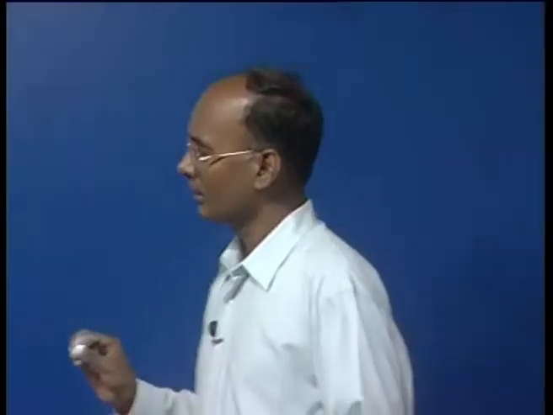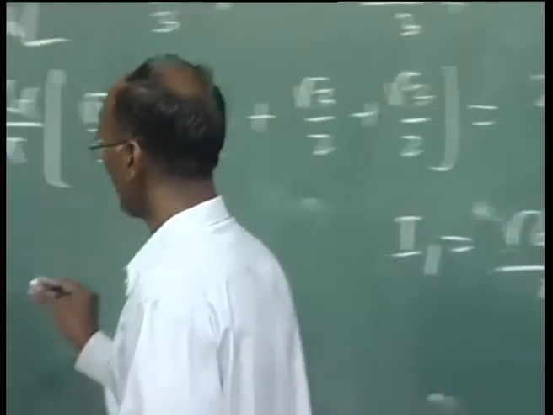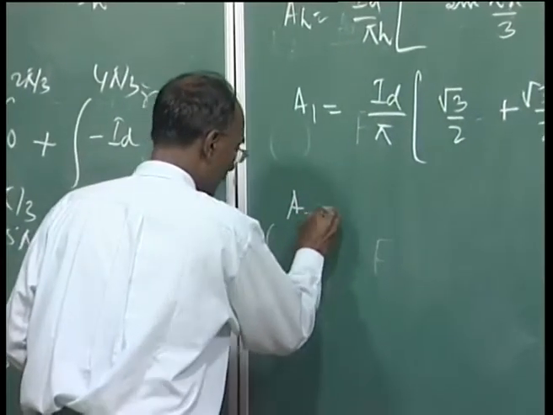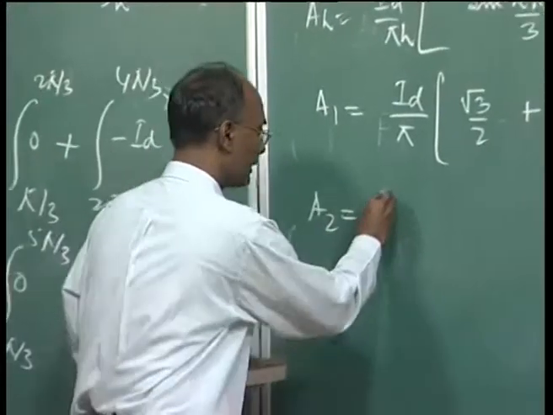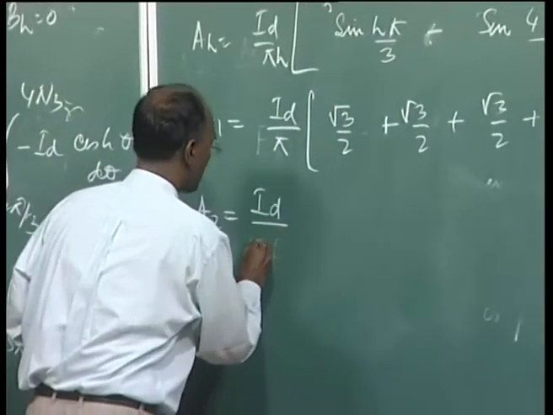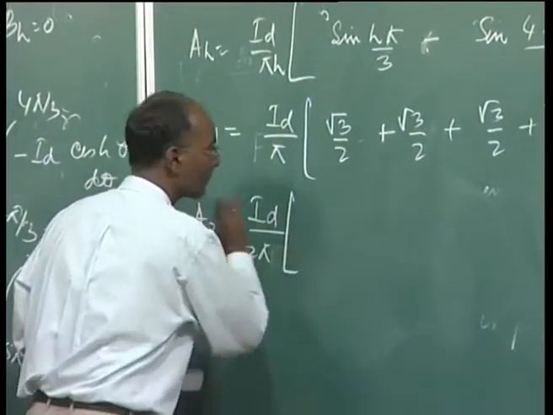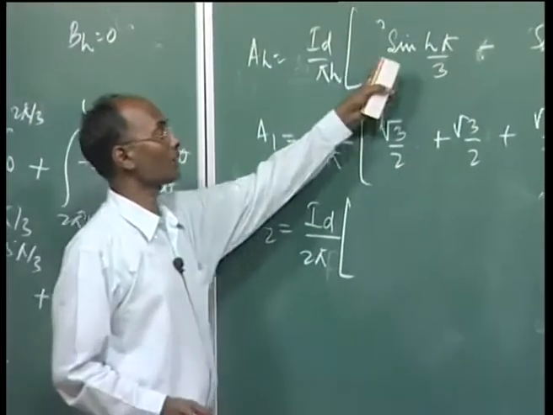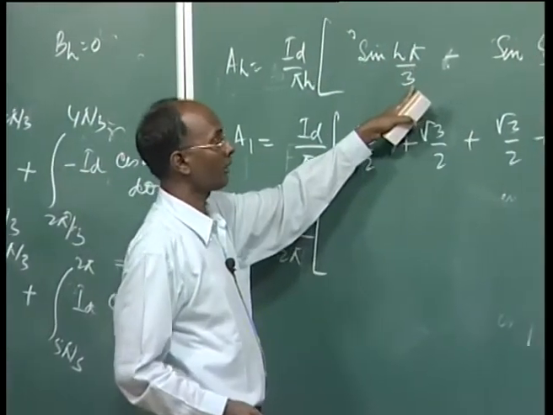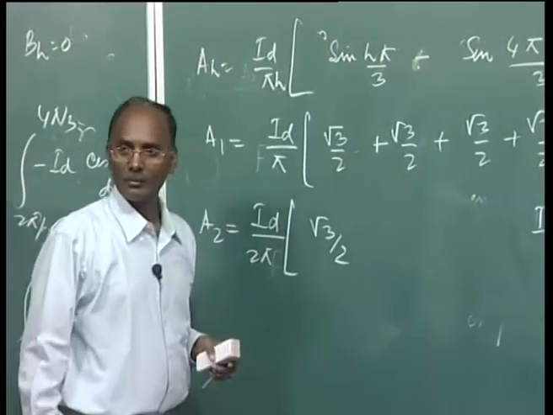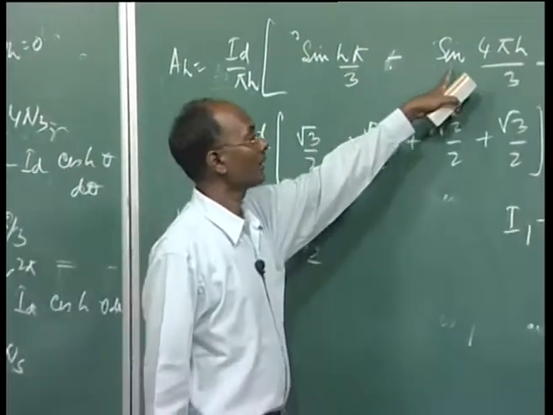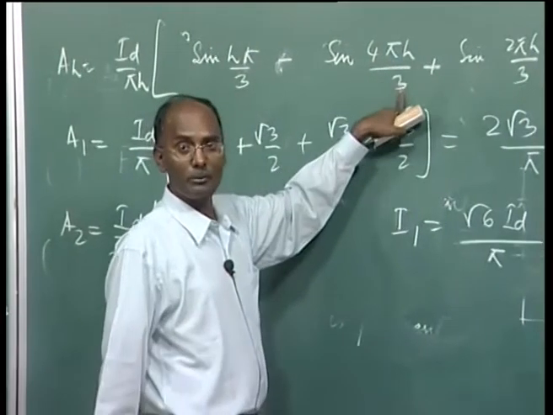To see it here, I want to show that A2 will be 0, as the even property also shows it will be 0. Just put the value of 2 here, ID divided by twice pi. Here sine 2 pi by 3 means under root 3 by 2. Here for 2 it is 8 pi by 3.